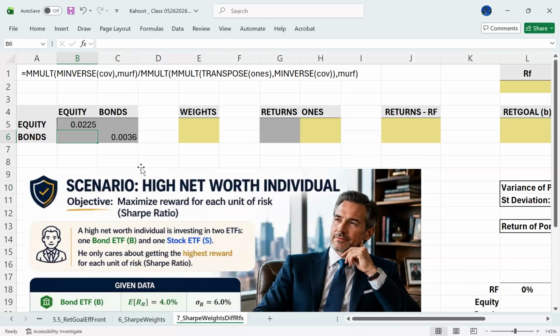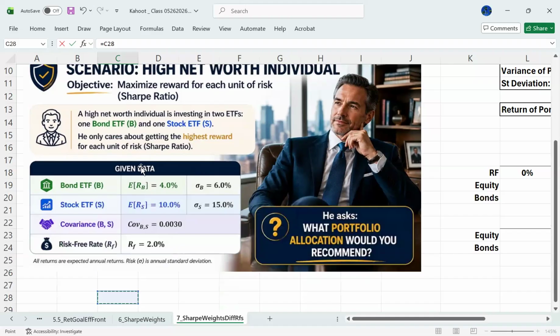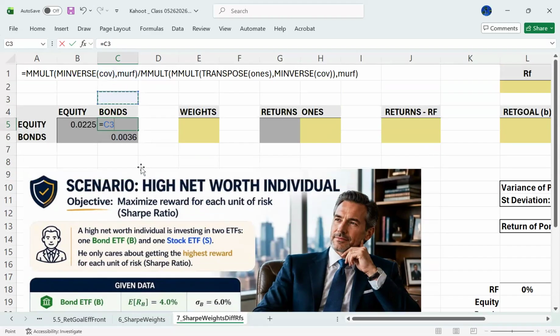Here we have 0.0225 as the variance for equity, and then the covariance is essentially 0.003, and we have it here 0.003. We don't need to write this again. The covariance of equity and bonds is the same as the covariance of bonds and equity. The order doesn't make any difference, so these two cells are the same.